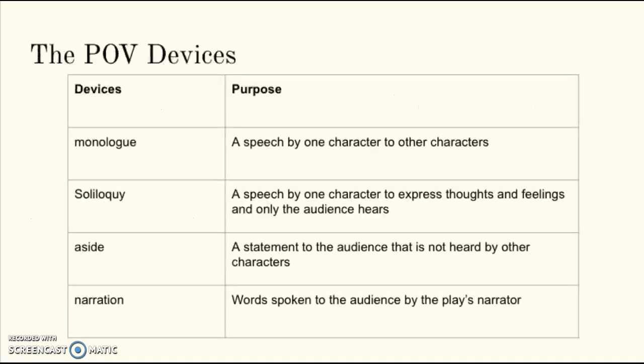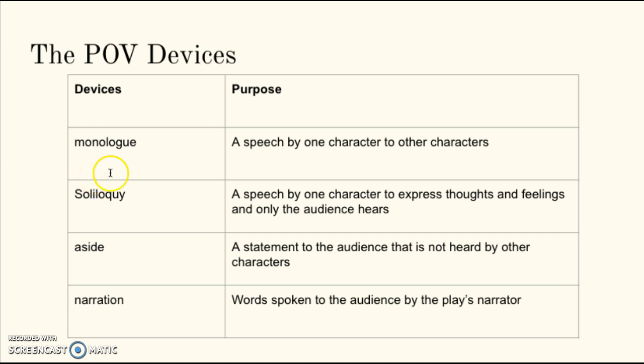We'll talk about it. So the devices that we're going to take a look at are monologue, soliloquy, aside, and narration. We're going to look at similarities and differences between some of them, and we are going to look at examples. So this is going to take a little bit longer because we're going to look at the clips within this video to help you get a better understanding.